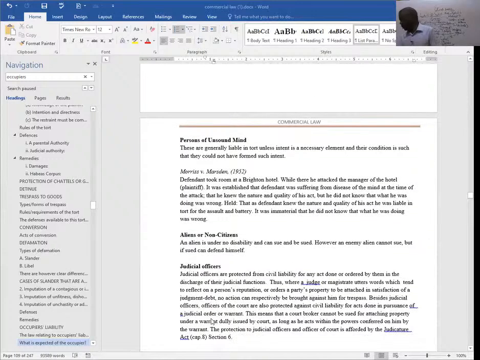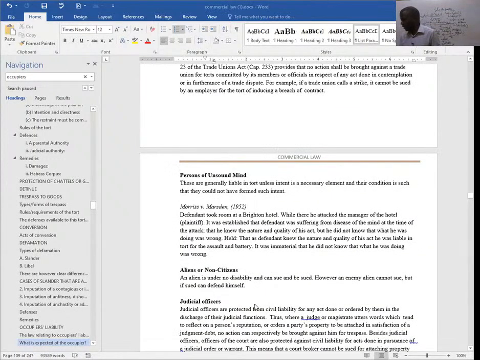So aliens, what about aliens and non-citizens? Aliens are foreigners in countries of which they are not citizens. An alien is under no disability and can sue or be sued.